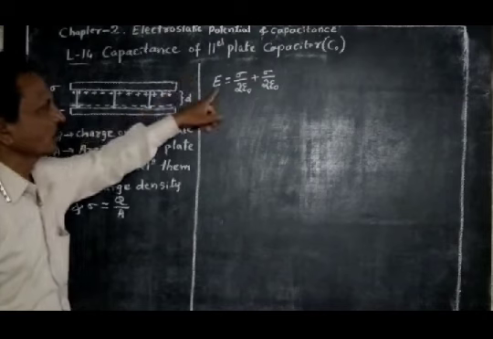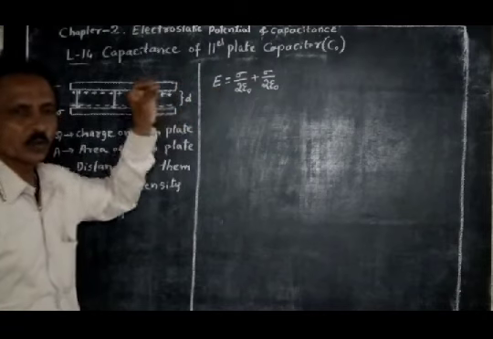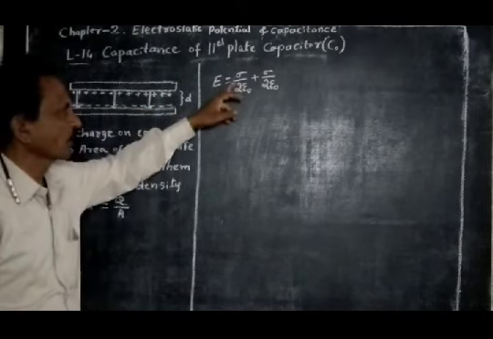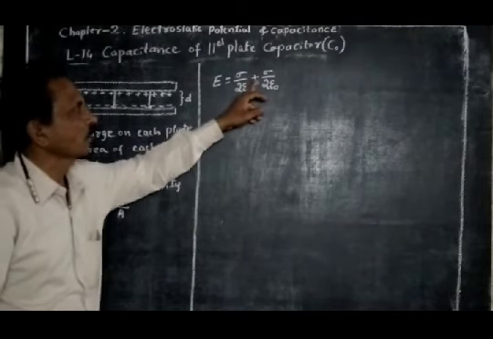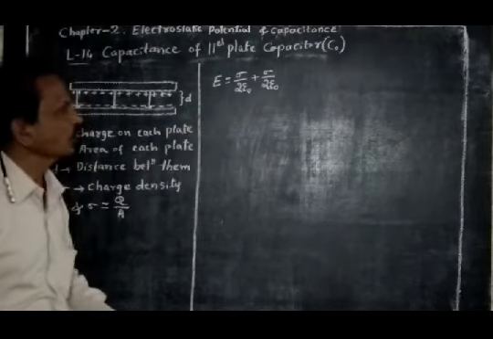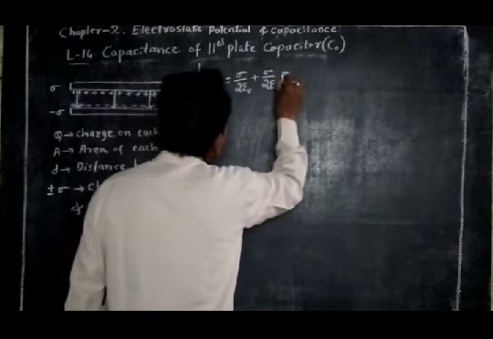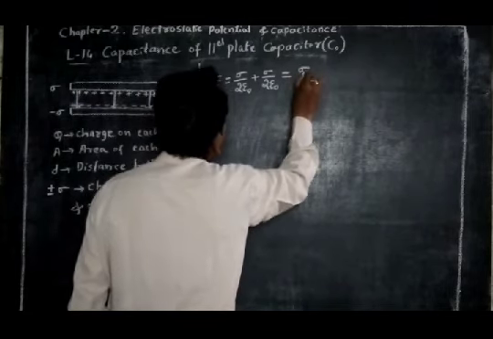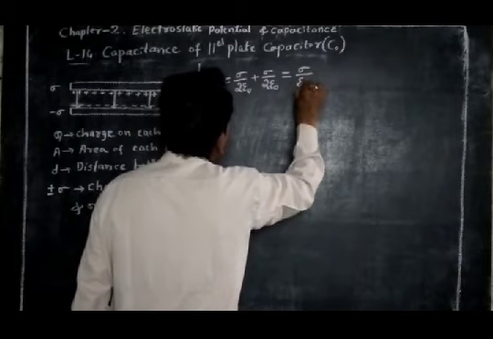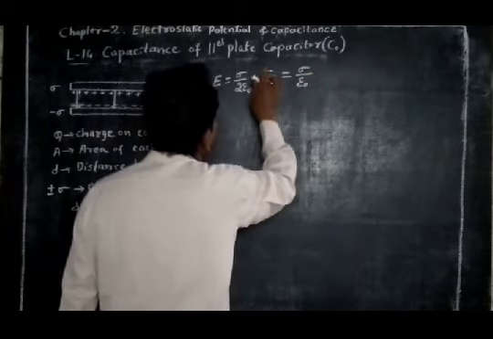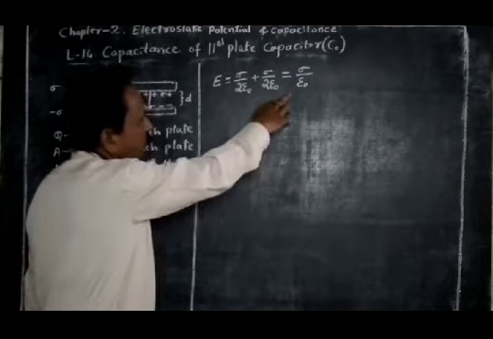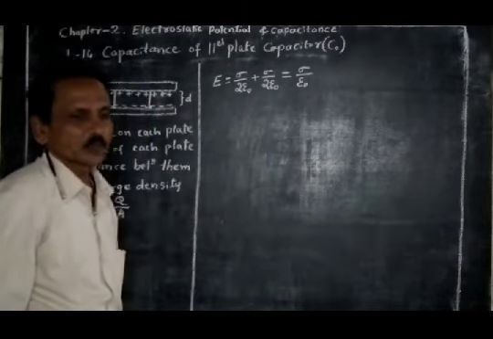Hence total electric field E equal to E1 plus E2, that is sigma upon 2 epsilon naught plus sigma upon 2 epsilon naught, which is 2 sigma upon 2 epsilon naught, equal to sigma upon epsilon naught.